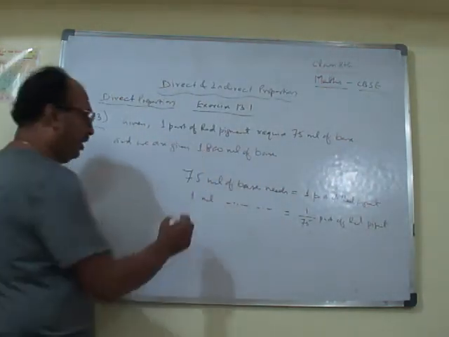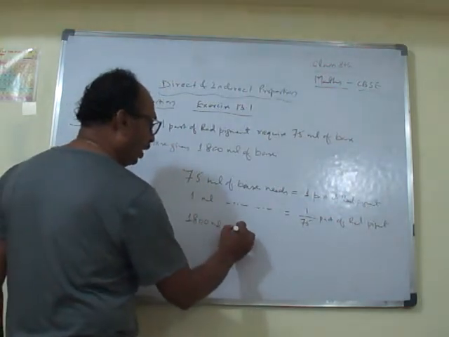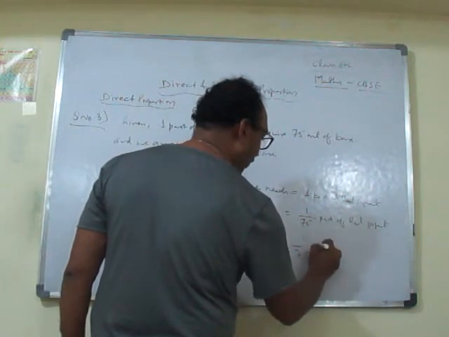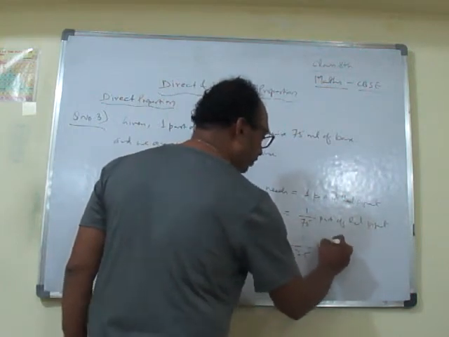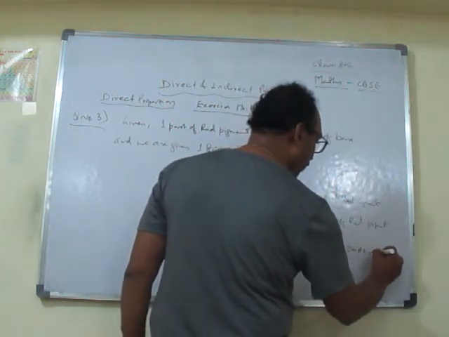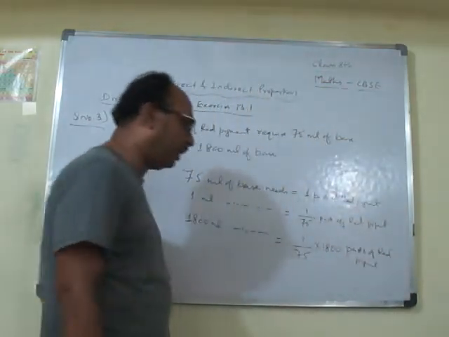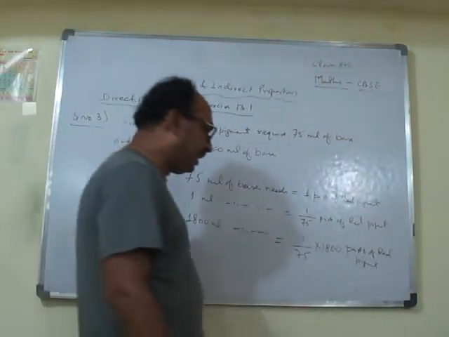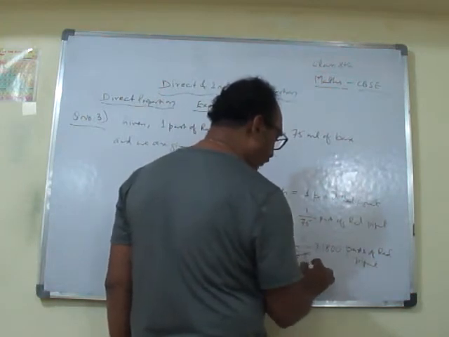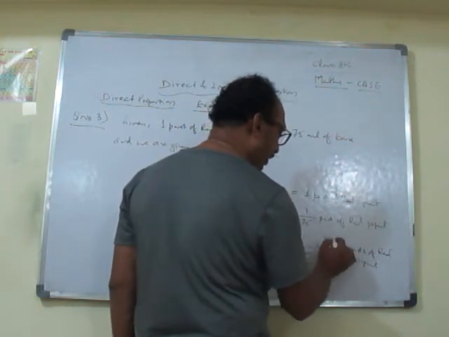Then 1800 milliliter of base needs 1 by 75 into 1800 parts of red pigment. So we can cancel with 5: 5 15, 5 3 are 15, then 30, 5 6 are 30.